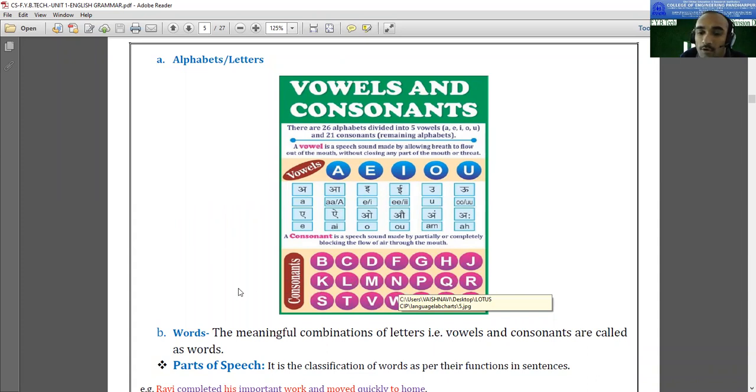So these all are called consonants. And how do we pronounce consonants?